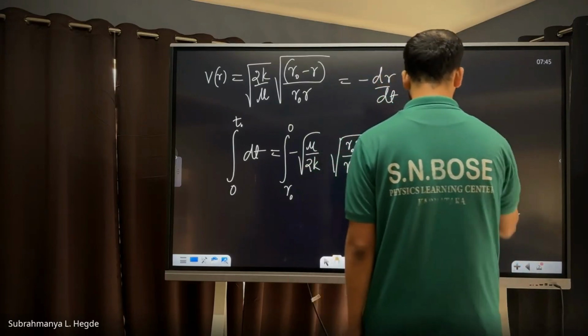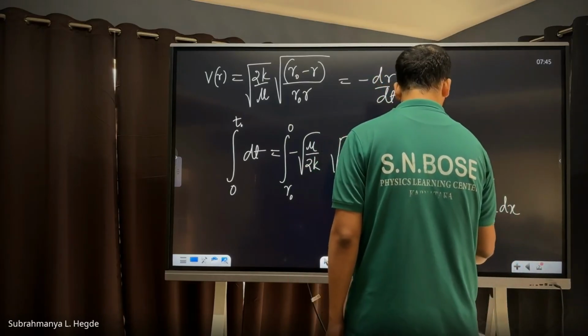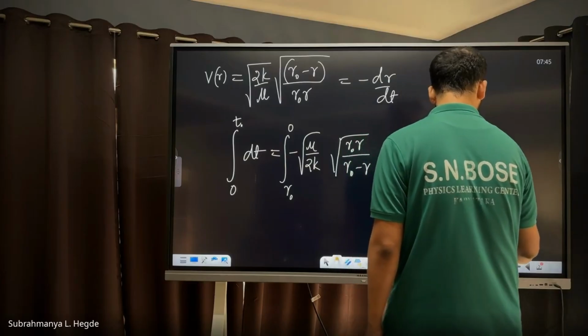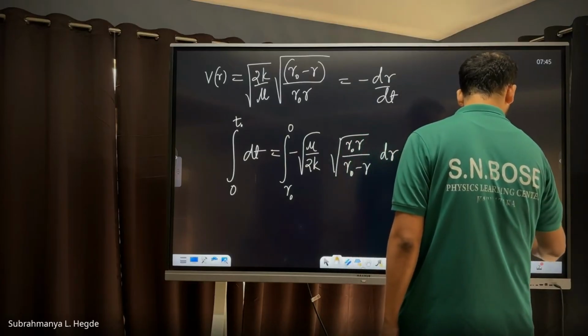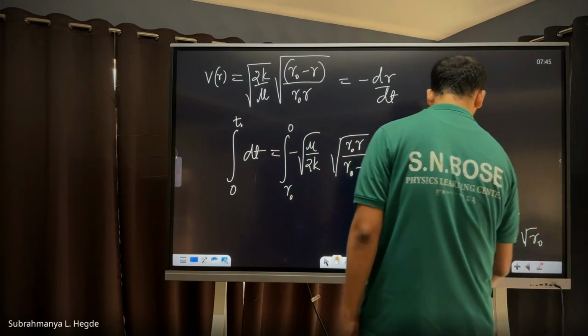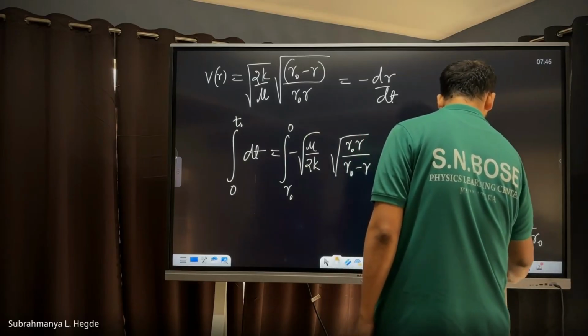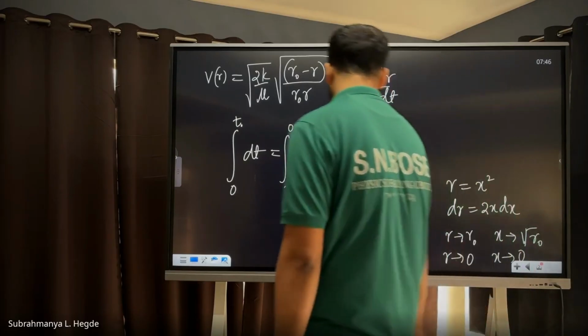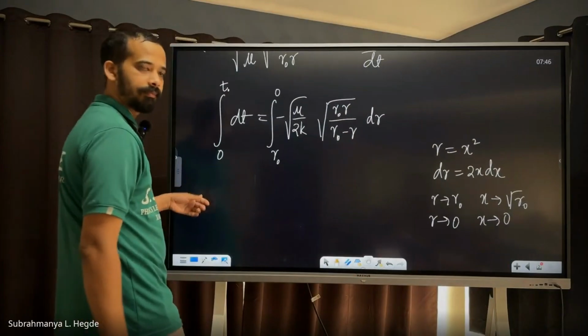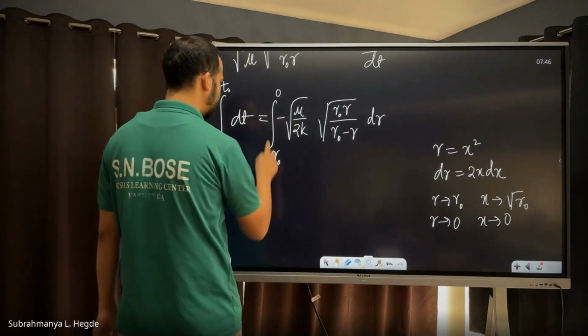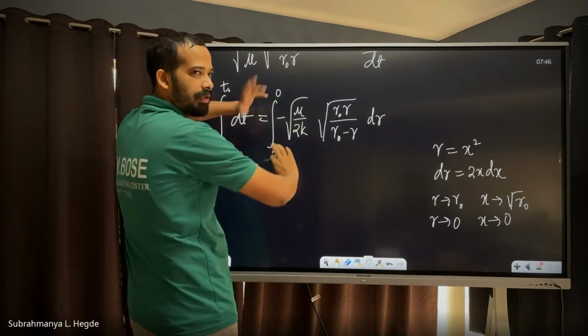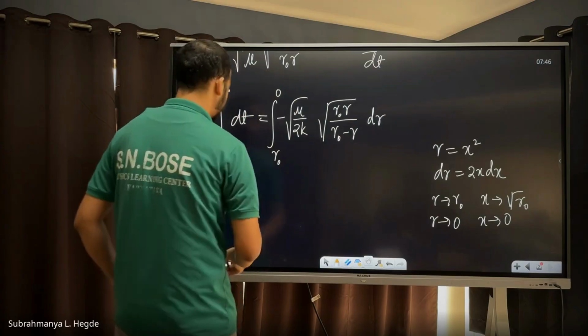Then if r tends to r naught, x tends to root of r naught. If r tends to 0, x tends to 0. Now I will absorb this negative sign and reverse the integral limit. That's better.